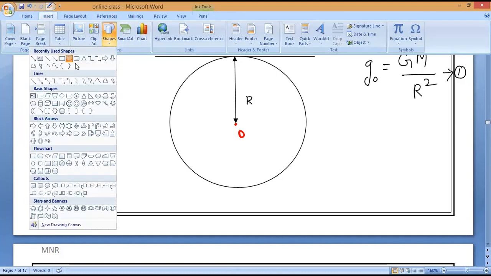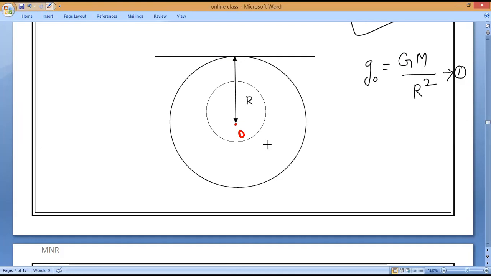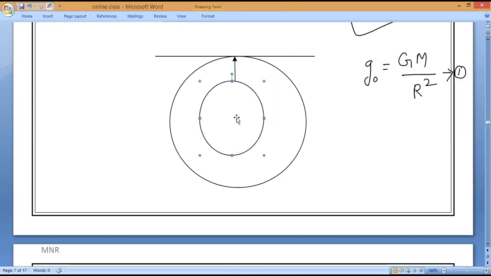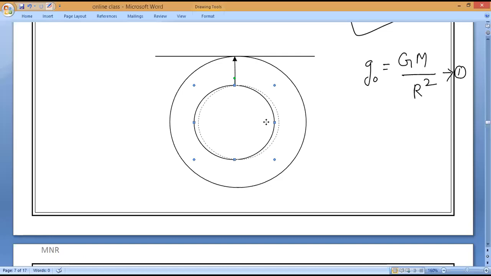Observe very carefully. A person reaches a certain depth inside the earth. So he went inside, he traveled inside the earth a certain distance. Let me take the distance he traveled as something.